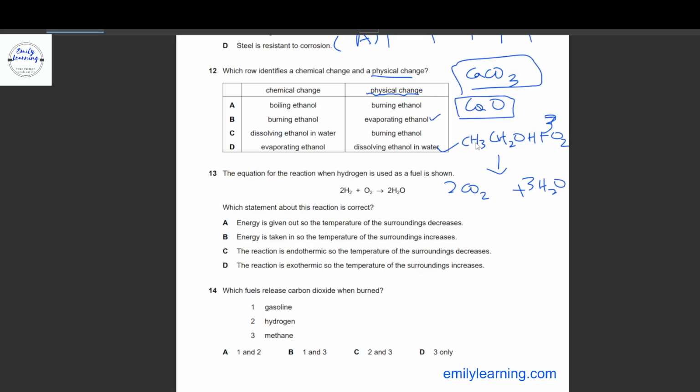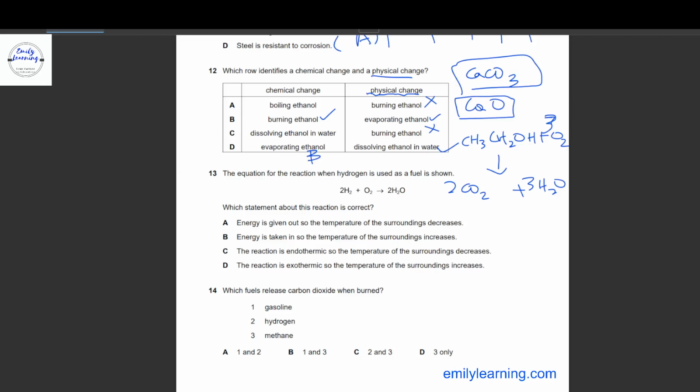It's no longer CH3CH2OH, it is CO2 and H2O. Boiling, dissolving, and evaporation are physical changes because you do not change the chemical composition of ethanol. It's still CH3CH2OH. So the answer for 12 is B.